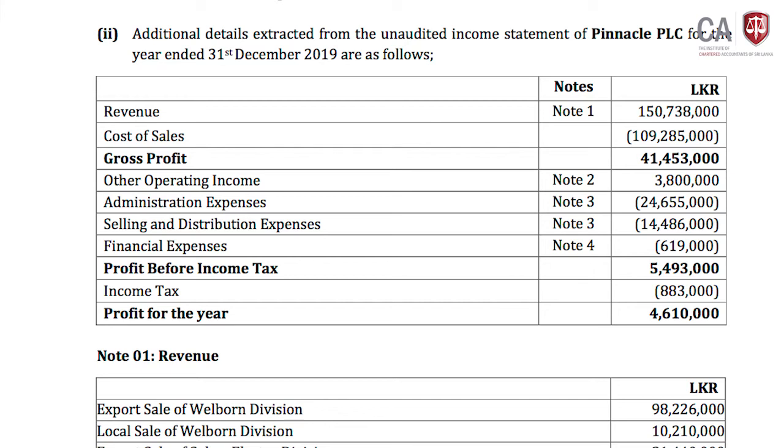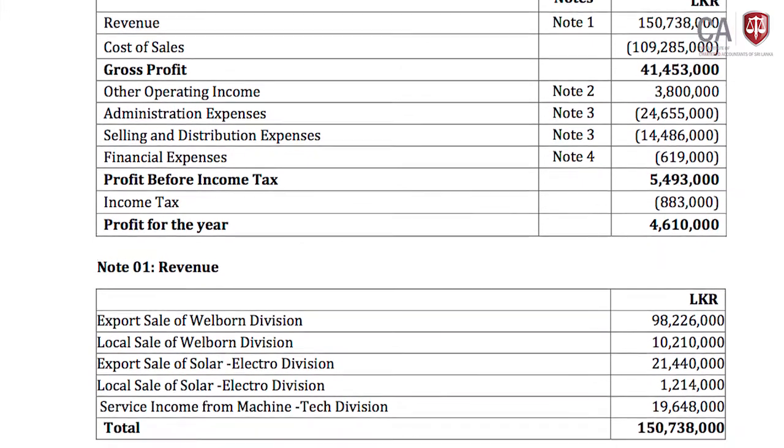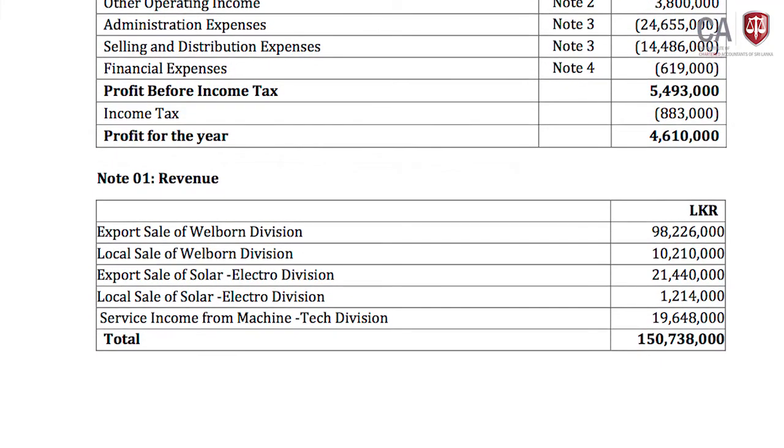Then income tax expense and the profit for the year. Now see how to analyze the given information. Revenue has been given, note 1.